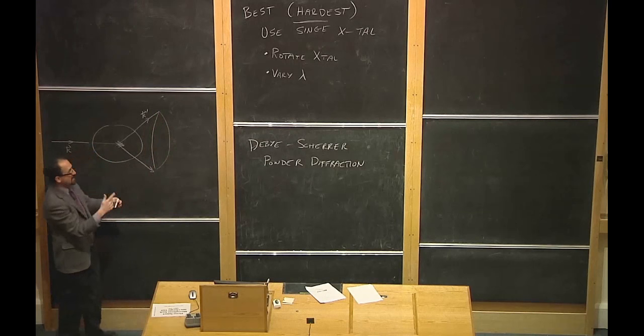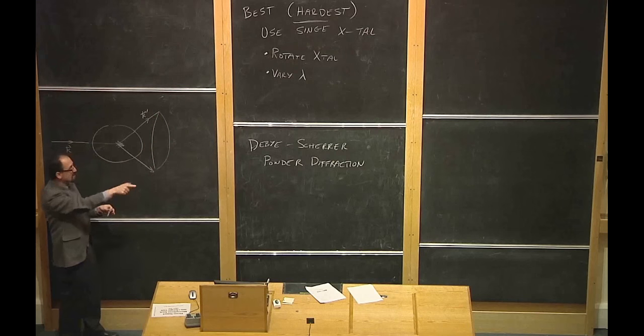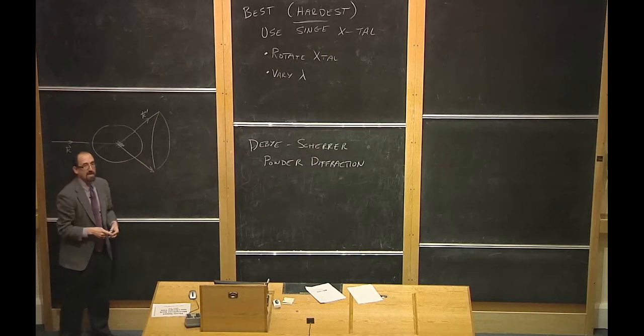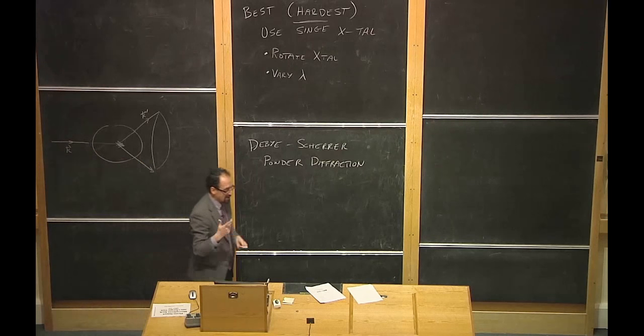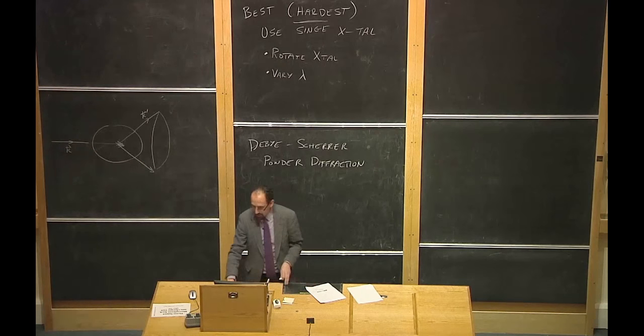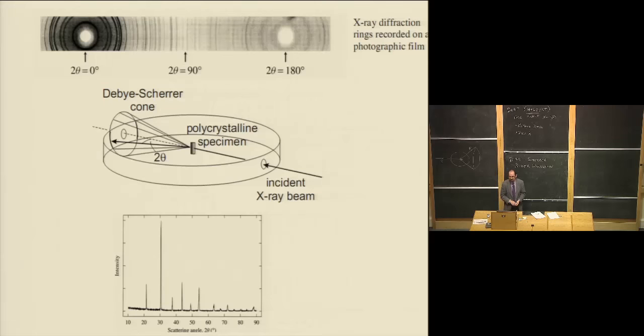If there's any direction that you can scatter, you can rotate that crystallite around the incoming axis and get a cone of outgoing waves. So the way the experiment actually looks in a setup is kind of like this. There's an incident X-ray beam, there's a polycrystalline or powdered specimen here, and then you get these cones of outgoing waves, which you then try to measure.